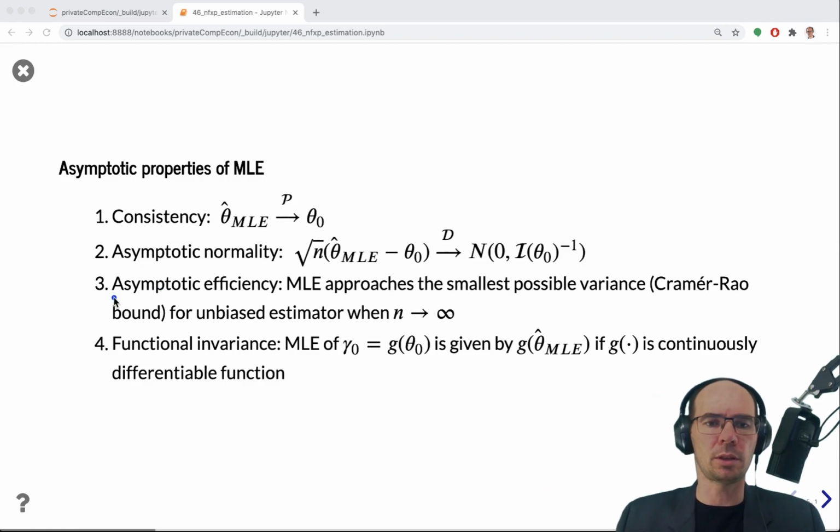MLE is asymptotically efficient, and this is probably the main property to remember about the maximum likelihood estimation. MLE approaches and reaches actually the smallest possible variance of an unbiased estimator. You cannot obtain any smaller variance of the estimators than what is possible with MLE.